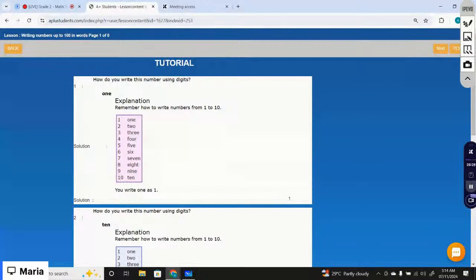So 1, and you can write it as O N E. So you can write in number form, that is 1. Let's just start with the test questions.